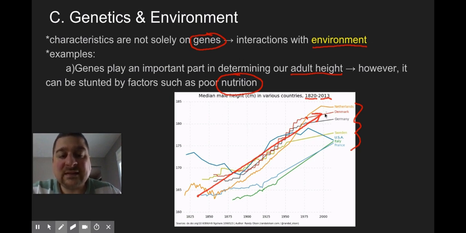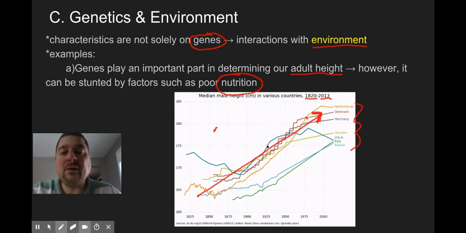We have access to that good food all the time, good health care and reducing the amount of disease and stuff. And all that stuff, better nutrition, less disease, has led to an increase of about 20 centimeters in the average human height just in the last couple hundred years.